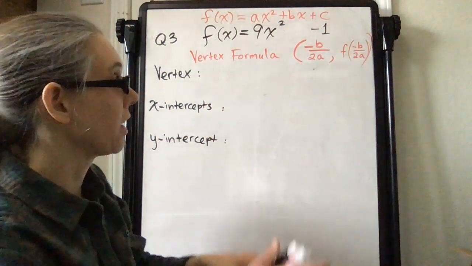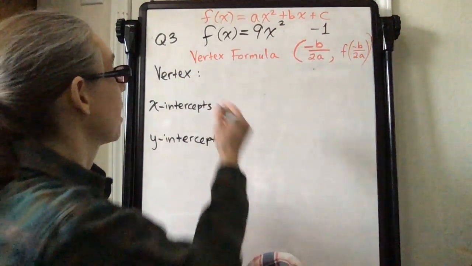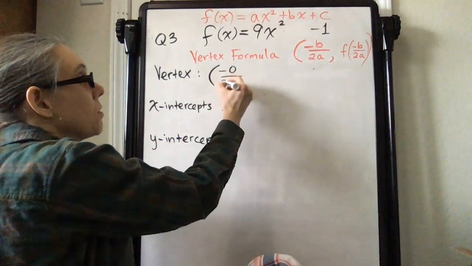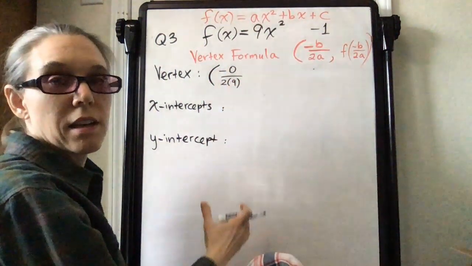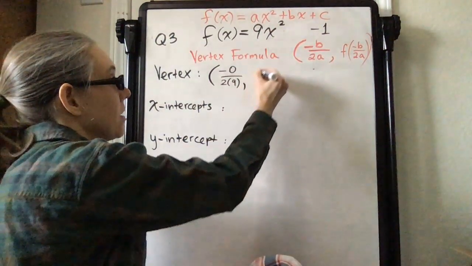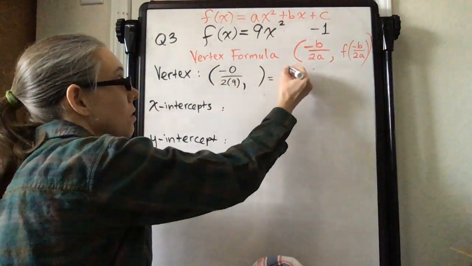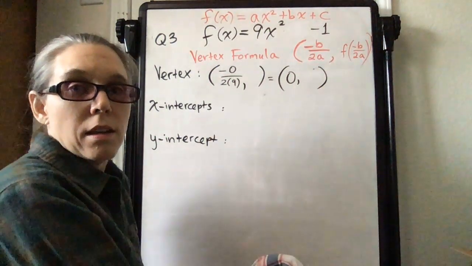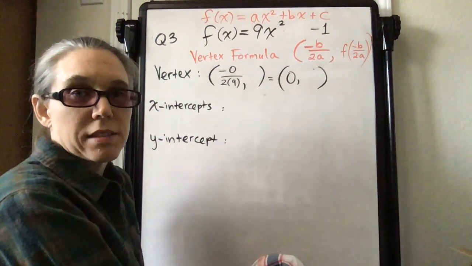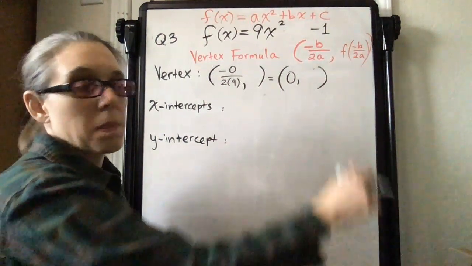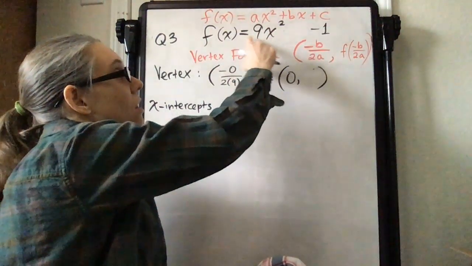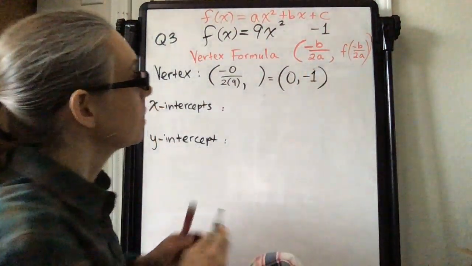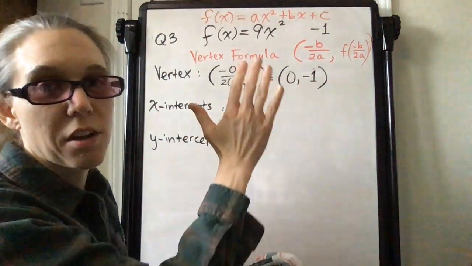So once you figure out negative b over 2a, in this case, negative b over 2a would be negative 0 over 2 times 9, which is the same thing as 0, right? So you're going to then plug 0 back into the function, and when you plug 0 in, all you are left with is your negative 1. So this parabola is shifted down 1.